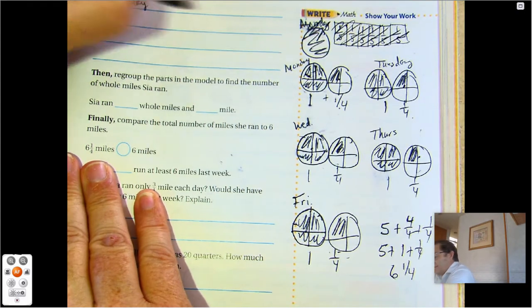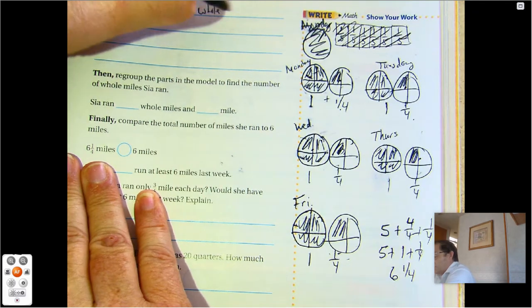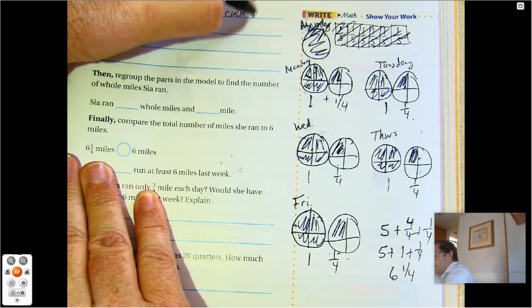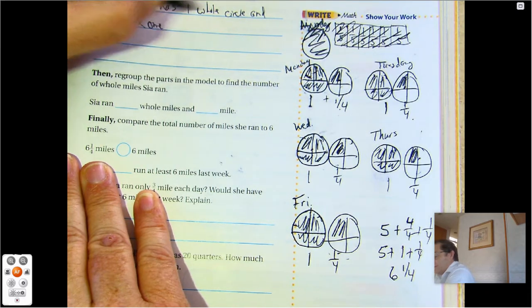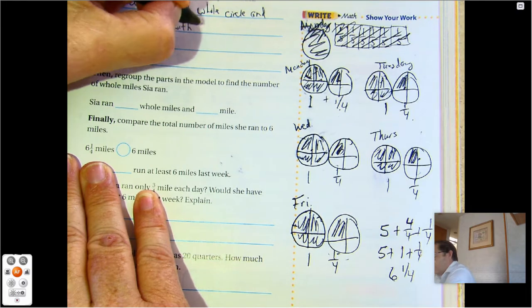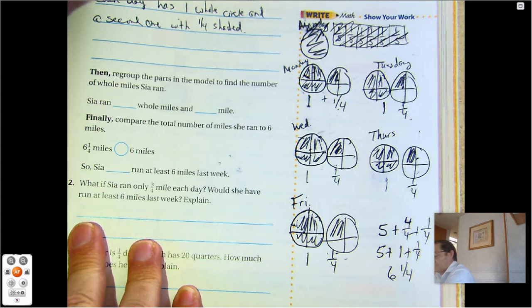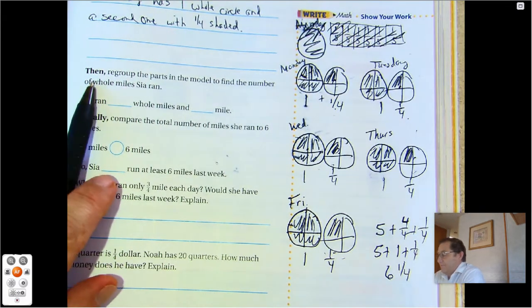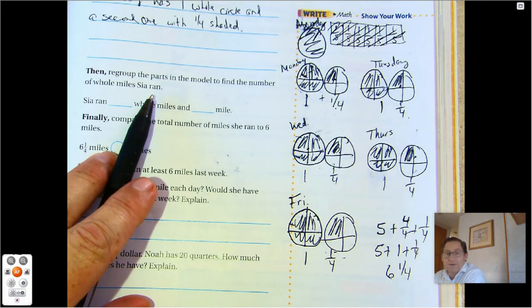Each day has one whole circle and a second one with 1/4 shaded. Okay, then regroup the parts in the model to find the number of whole miles Sia ran.